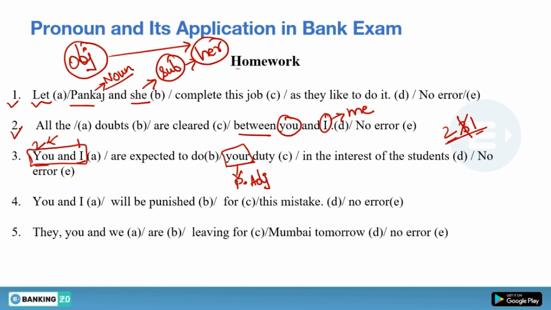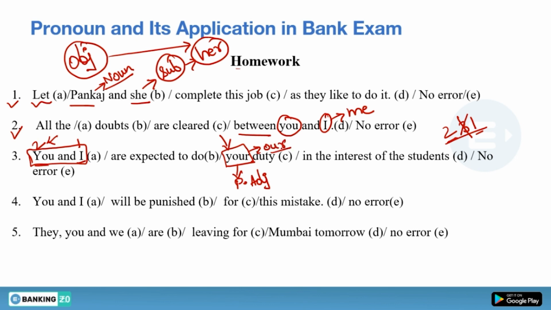When you are using present perfect tense, then you have to use have, not has. If you are using present continuous tense, then you have to use are, not is. Similarly, if you are using past continuous tense, then you have to use were, not was. Similarly, if you are using possessive adjective, then it should be for all these subjects, and that is why you have to use our duty here, not your duty.